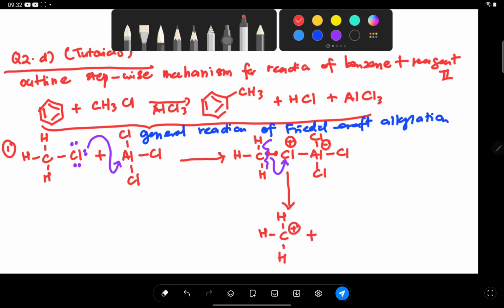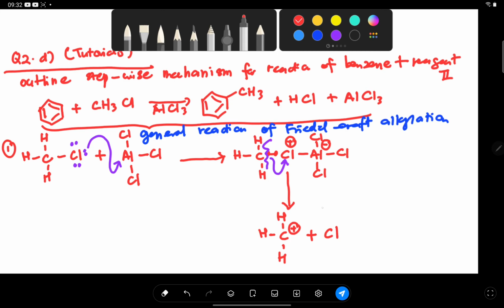At the same time, when this chlorine accepts these 2 electron, before this its behavior is positive, when it accepts 2 electron it exhibits a negative behavior, so positive plus negative, it will be neutral.